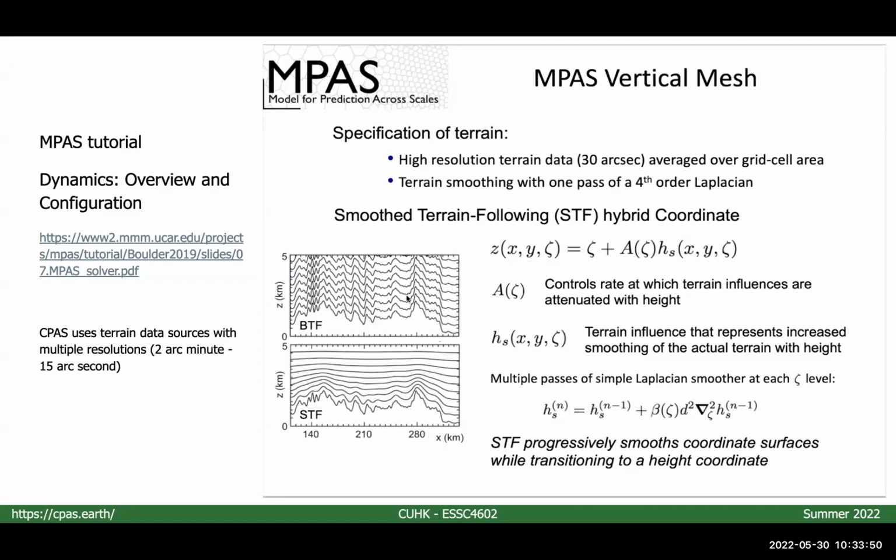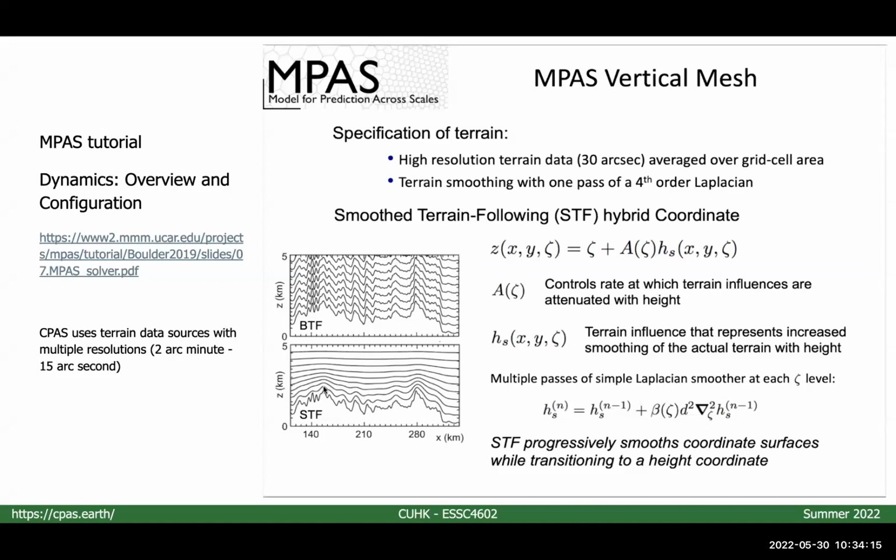And you will see that without smoothing, the vertical layers have fine details of up and down. But with smoothing, you will see that basically the vertical layers are smooth, and both of them are terrain following, which means it is above ground level.